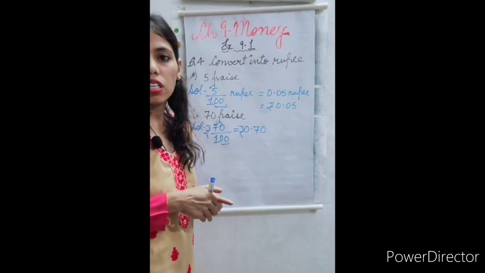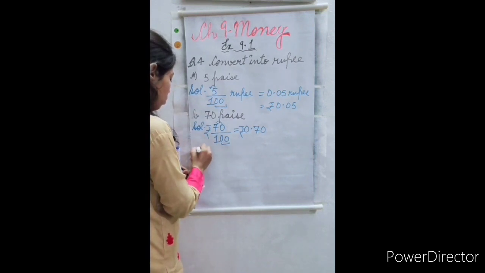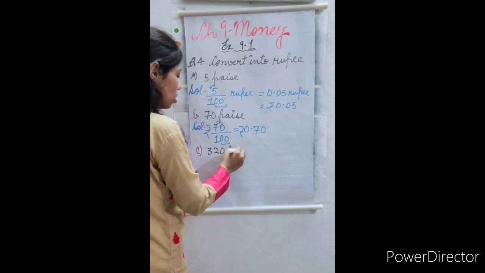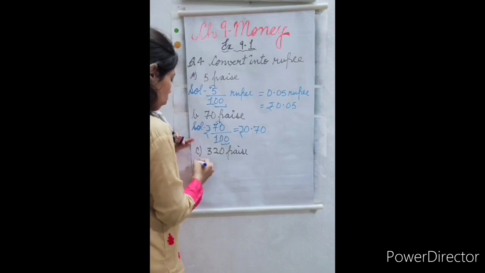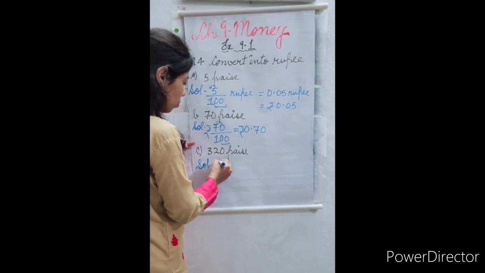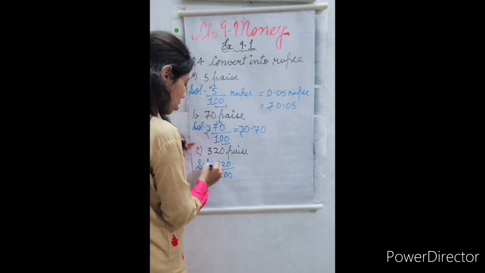Let's do the next part. Part C is 320 paise. To this also we will divide by 100, as 1 rupee is equal to 100 paise. 320 by 100 and we will write the rupee sign here.